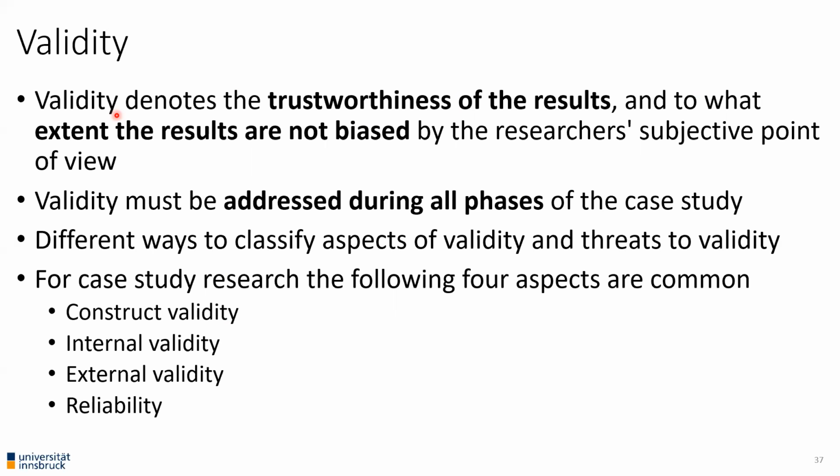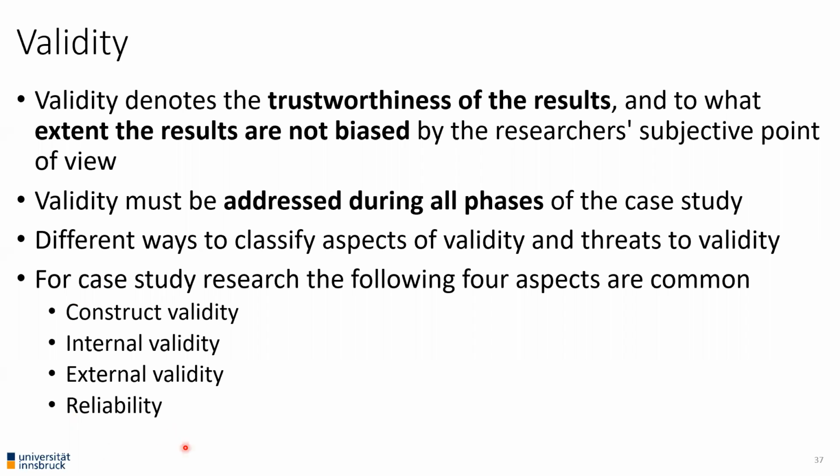And based on the Yin categorization, Runeson and his colleagues in the book defined 4 types of validity that you actually should take into account. And this is construct validity, internal validity, external validity, and reliability.